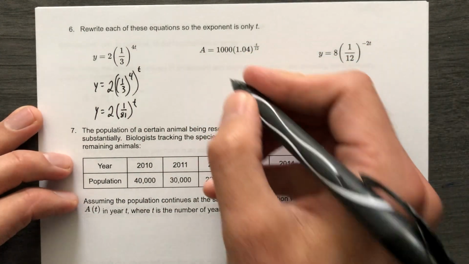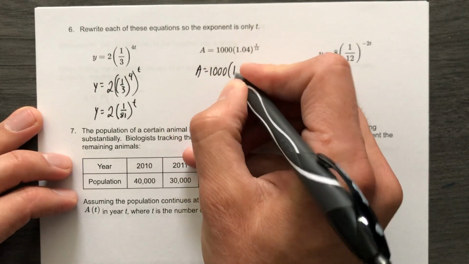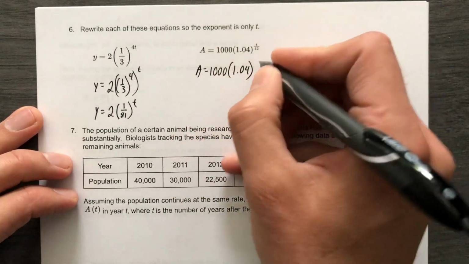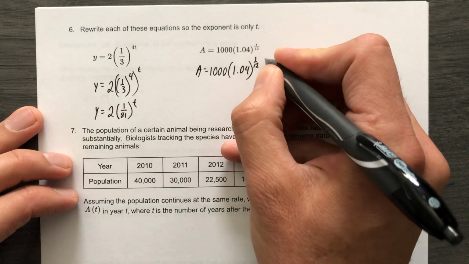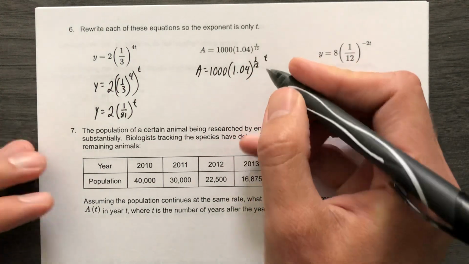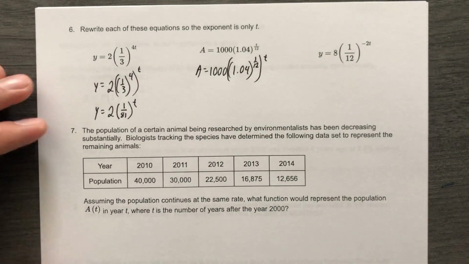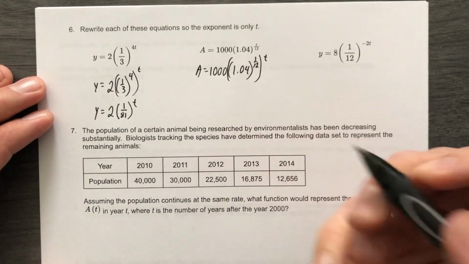So let's move on. We're going to do the same idea here. So a equals 1,000 times 1.04, and this is to the 1/12th to the t. Okay, because 1/12 times t is t over 12, right? So we can over-parenthesize if you want to. Now what I want to do is take 1.04 and raise it to the 1/12th power.